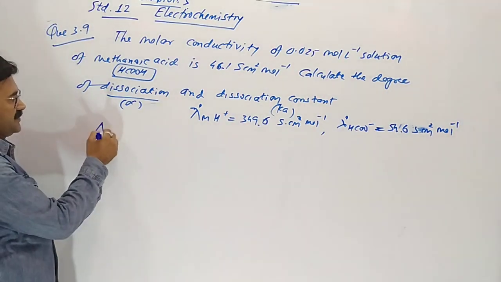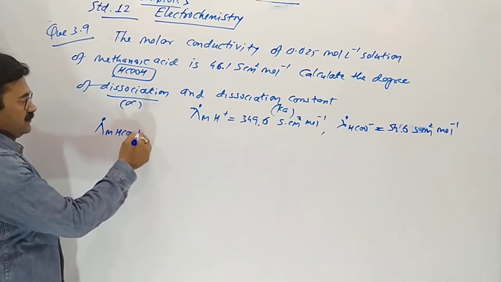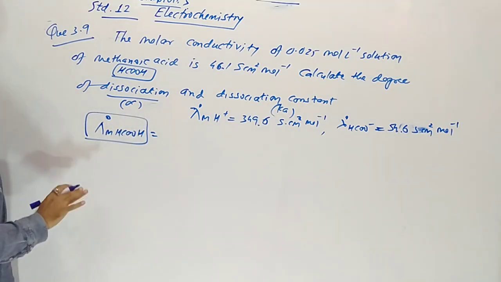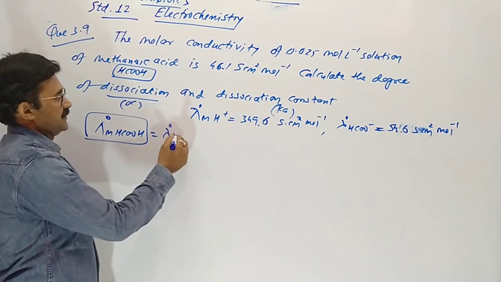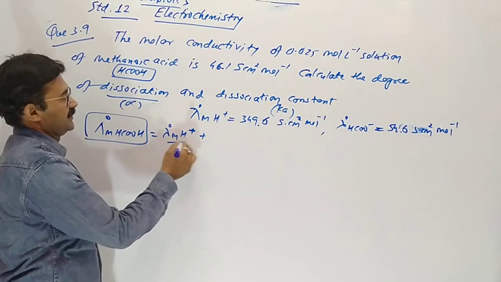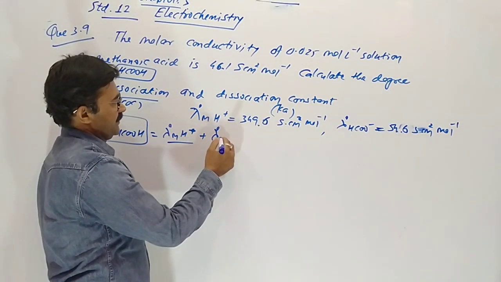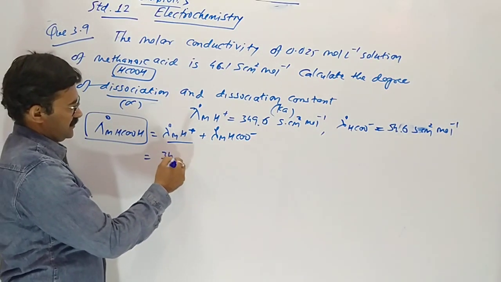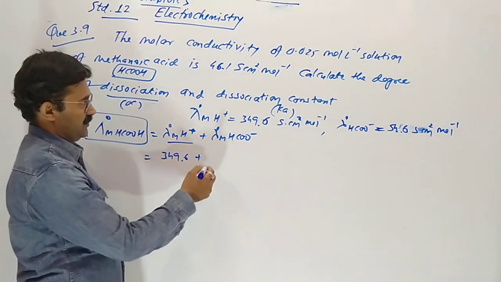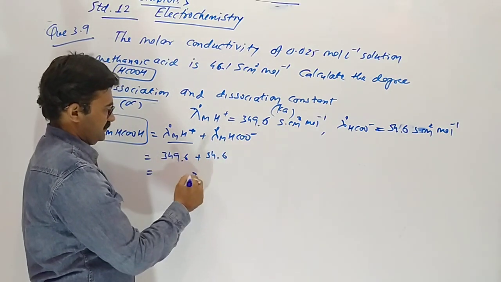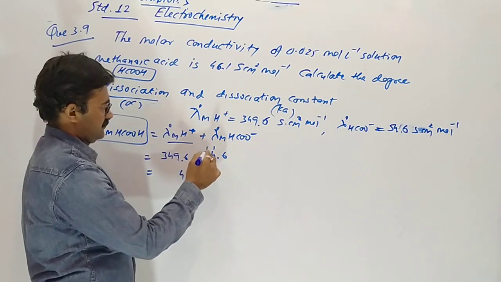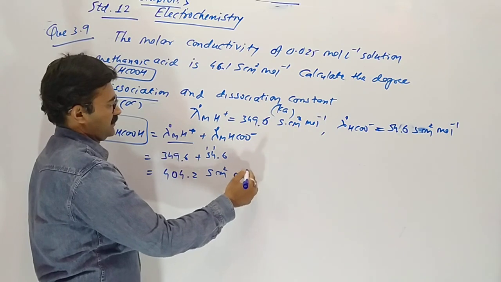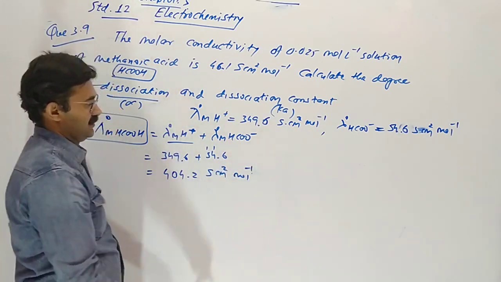For formic acid, the limiting molar conductivity is the addition of the infinite molar conductivity of H plus and of formate ion. So we get 349.6 plus 54.6, which is 404.2 Siemens centimeter square per mole.